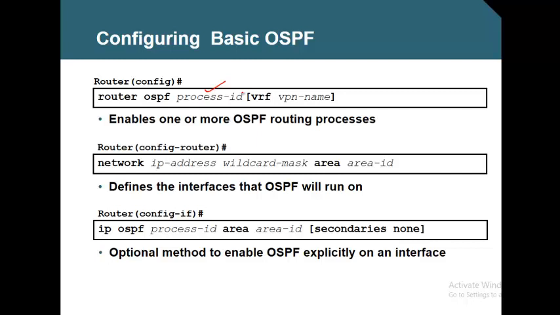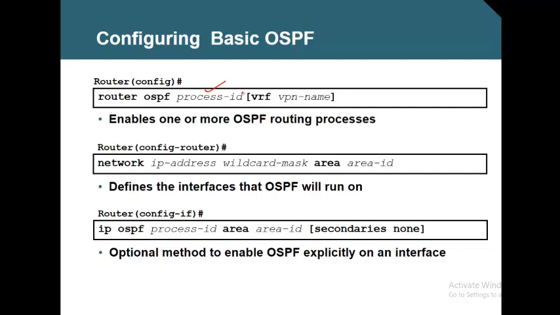Now, why do we need process ID? When we run more than one OSPF instance on the same router, what is the use case? We have VRF. What is VRF?